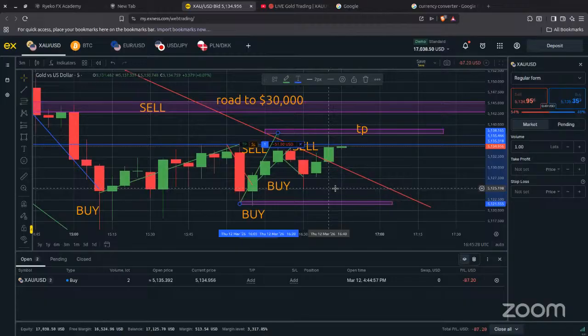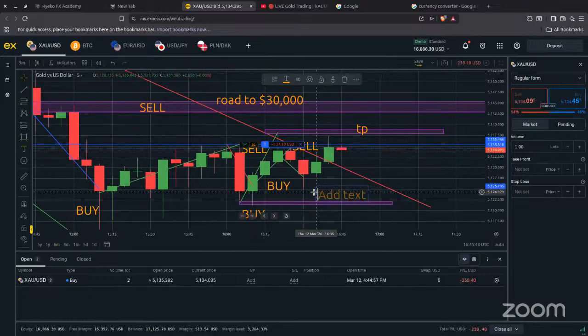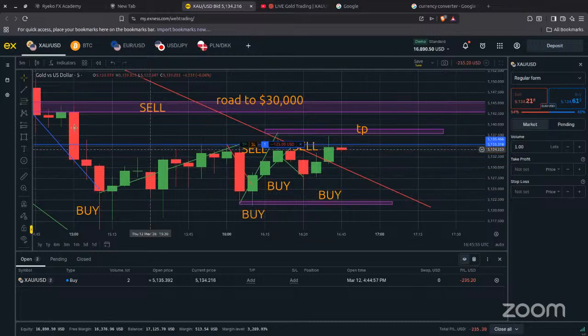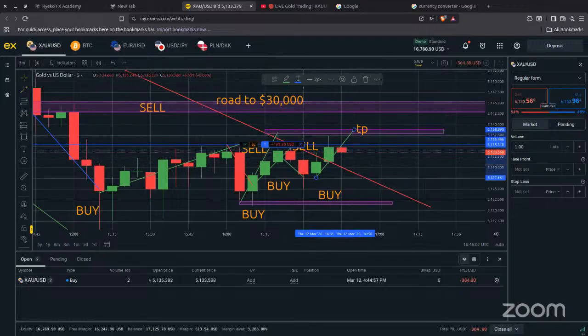But proper risk management, I lost so much because I exposed my account to risk. Don't worry, it is going down a bit just to create that wick. Then it will be an uptrend. So this is now a buy. Just up to somewhere here. Yeah, somewhere there you should be able to take your profit.